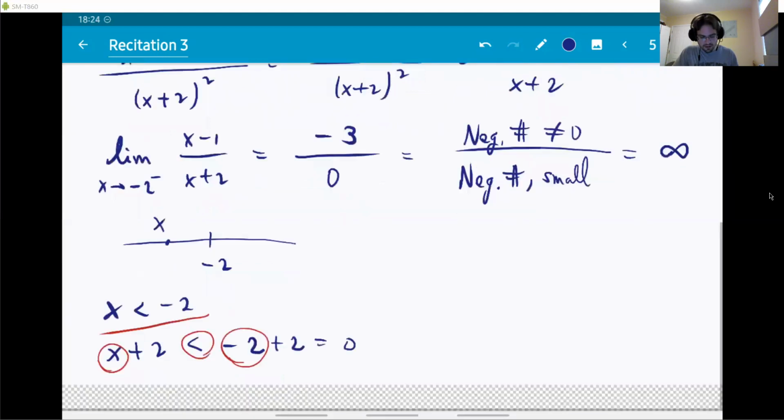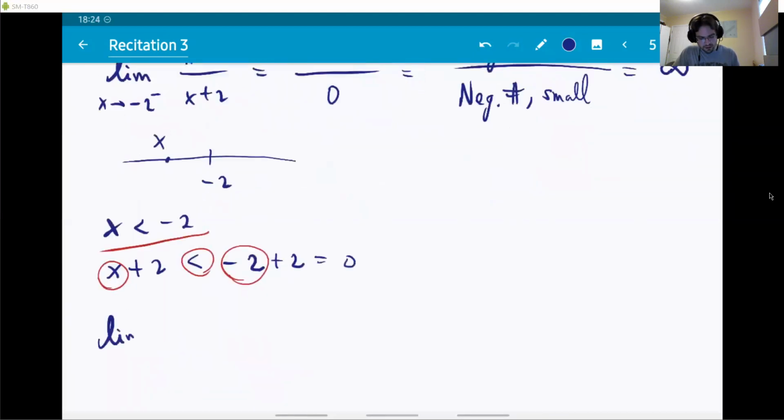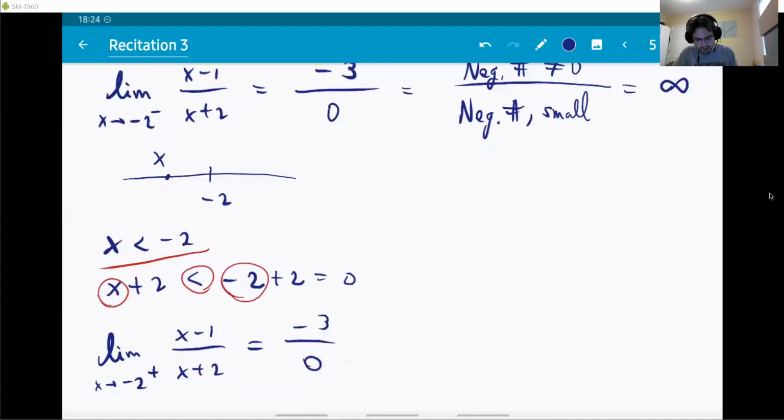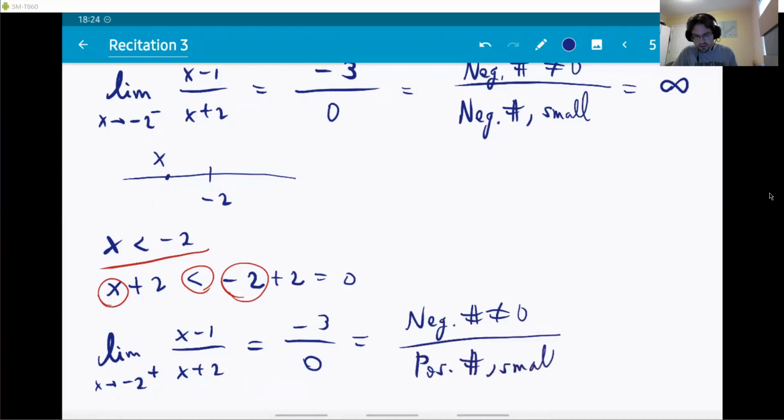Meanwhile, approaching from the other side will actually give you a different sign in the denominator. Just think about it the same way. Let's see, x is larger than -2 now.